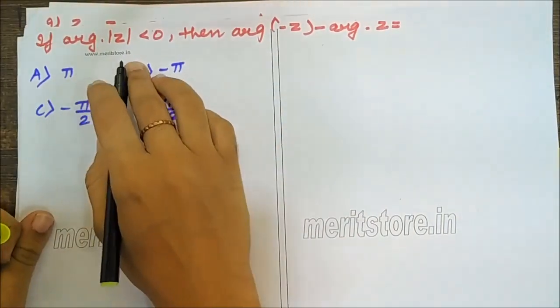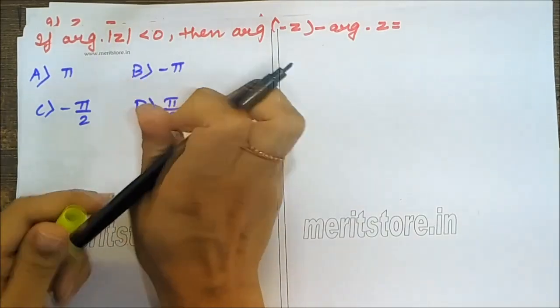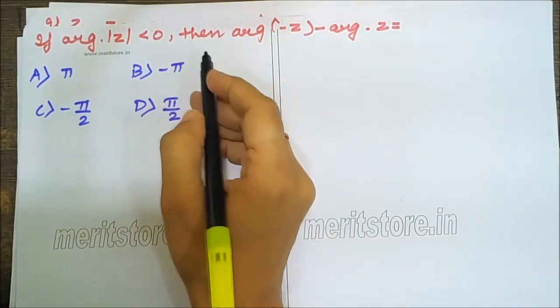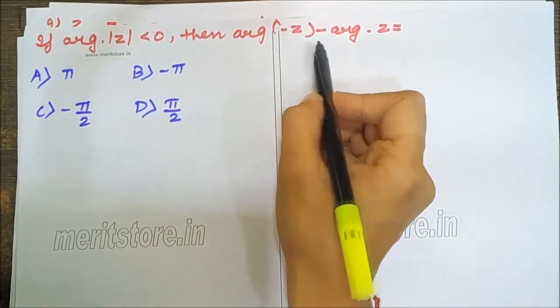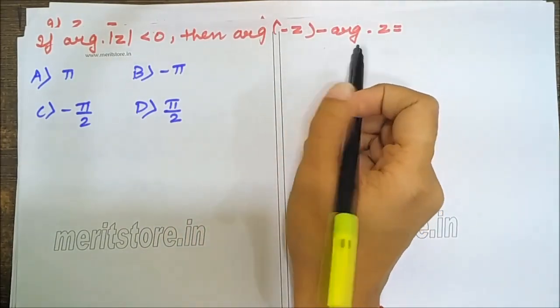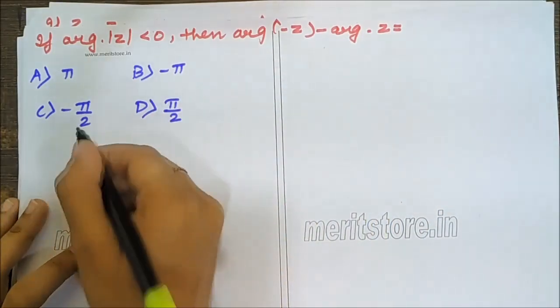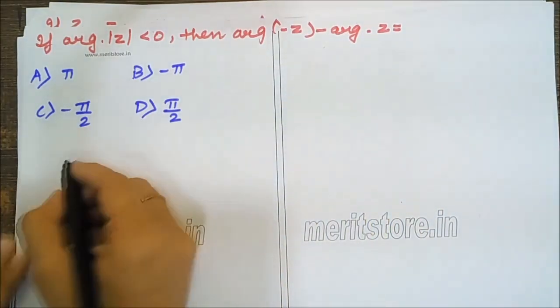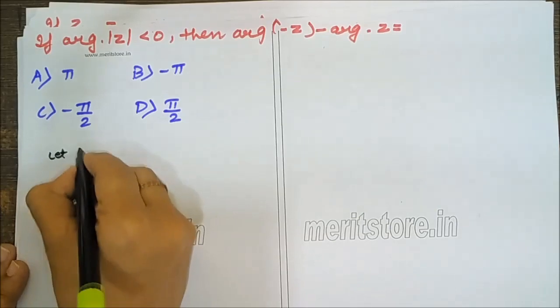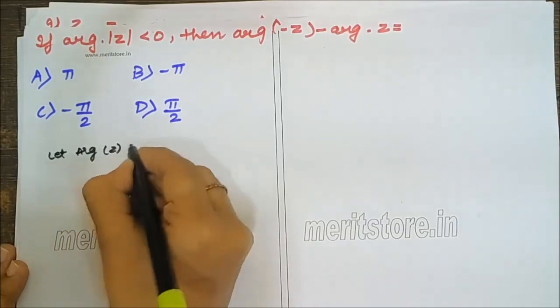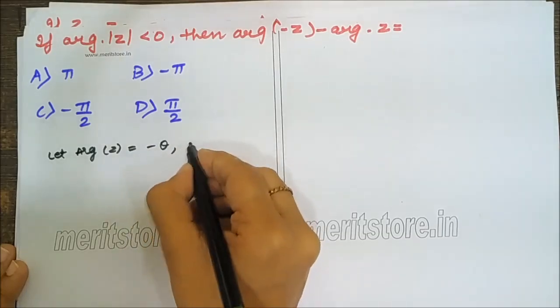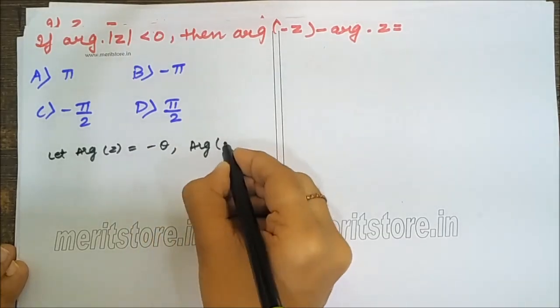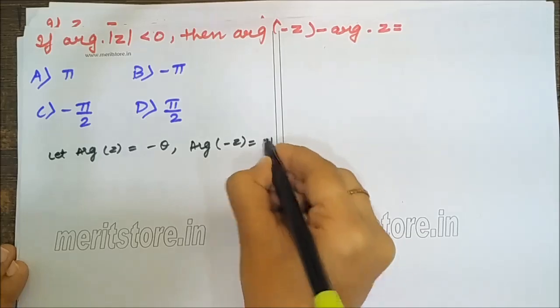If arg z is less than 0, then arg z̄ − arg z is equal to, the answer to it is A. How will you get A? So let the argument of z be equal to −θ. Then the argument of −z is equal to π − θ.